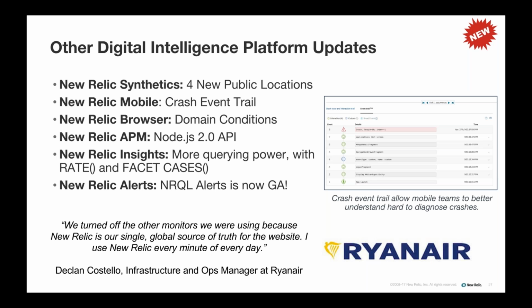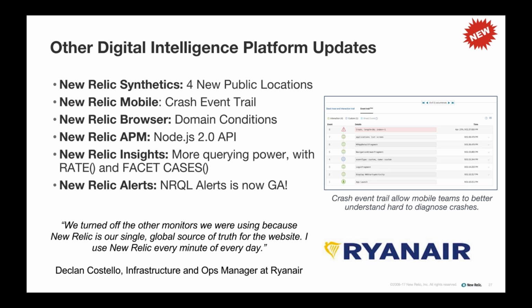Crash Event Trail specifically will allow you to get a better sense of the events leading up to a crash. And we've gotten some great feedback from customers that this is functionality they're going to actually go back and use to look at some of those crashes that they were not able to fix.